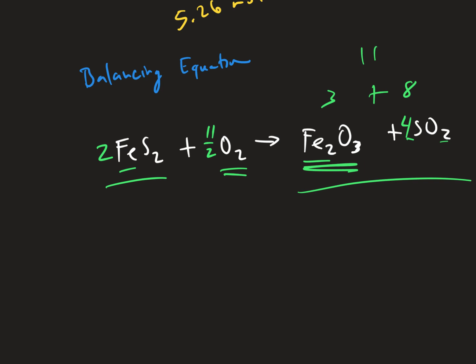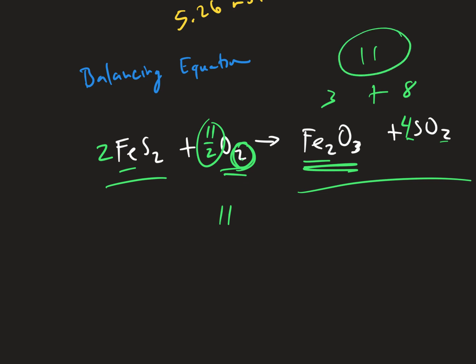Like always? Only because this is even. If we multiply 11 halves by 2, what's that? 11, right? And that's why I did 11 halves, so that it's the same on this side.